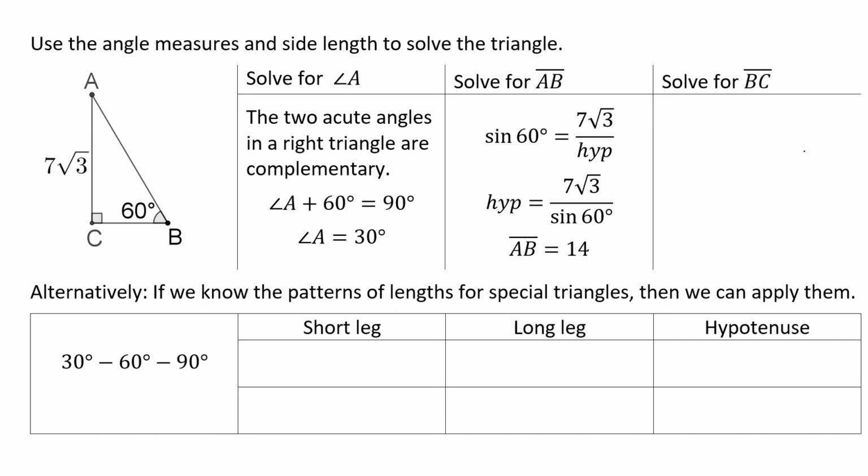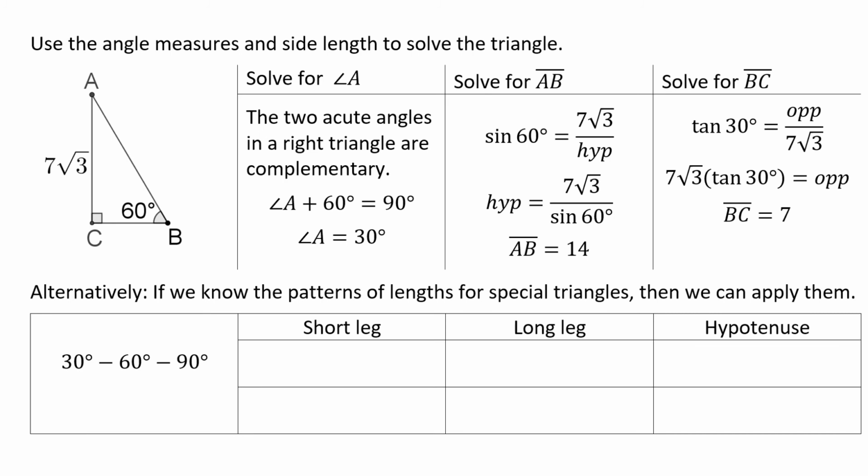If we want to find that other side, BC, I want to use 30 degrees this time. So up at angle A is 30 degrees, and the opposite side is BC, and the adjacent side is 7 radical 3. Now to get the opposite side by itself, all I need to do is multiply 7 radical 3 to the left, generate that answer, and BC equals 7.